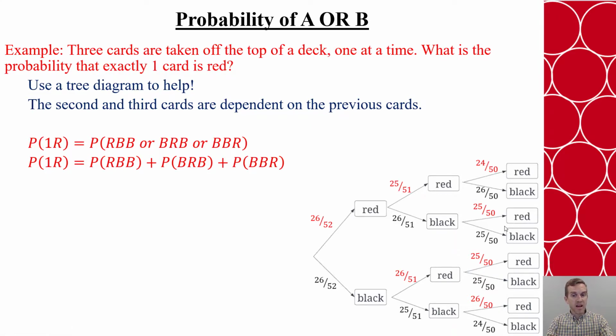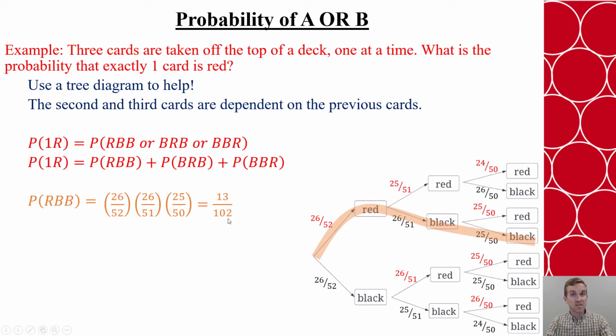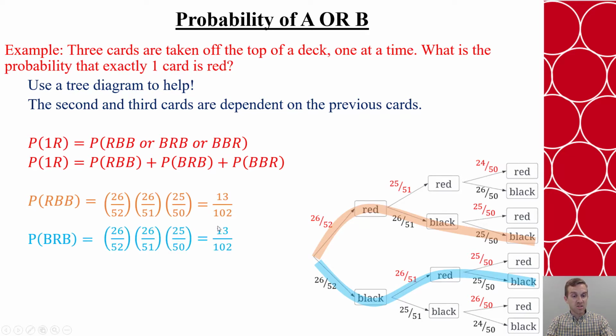So let's go one at a time here. I go red, black, black. That's 26/52 times 26/51 times 25/50, which is 13/100. Now I'm going to go and follow black, red, black. Black, red, black goes 26/52 times 26/51 times 25/50, which is also 13/100.